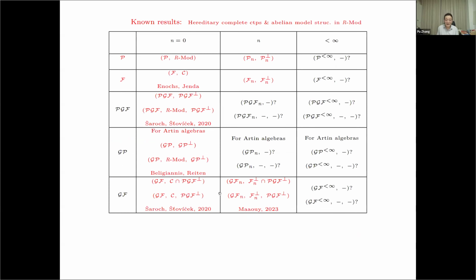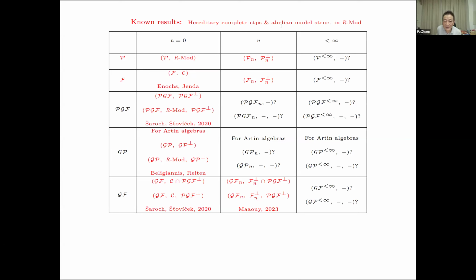Now we see this table. We summarize all the known results in a module category about cotorsion pairs and Abelian model structures, or you call them exact model structures.